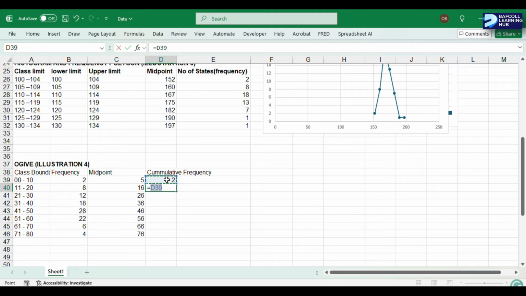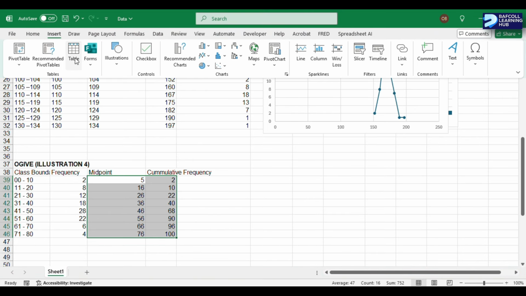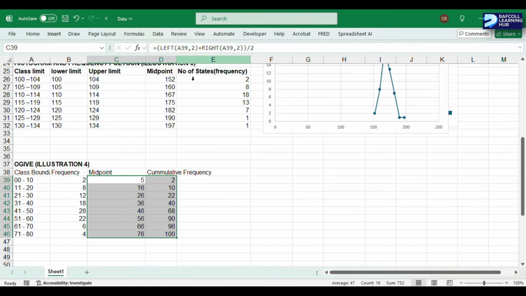All right, so this equal to this plus this, and I can scroll down. All right, so I have my cumulative frequency and I have my midpoint, so I can go ahead and compute and draft my cumulative frequency curve, or Ogive.